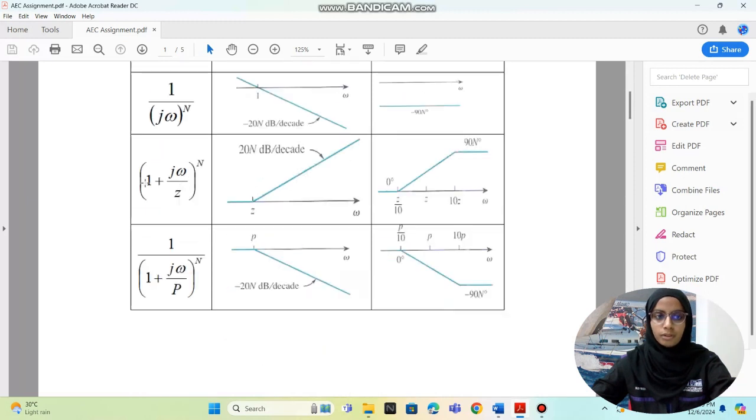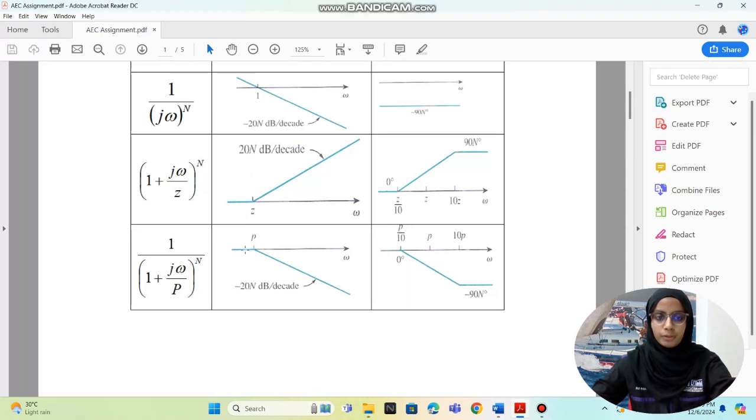For the complex one, it will be 1 plus jω over z. You can plot at z, 20n dB, and it will increase. And then the last one, 1 over 1 plus jω over p.